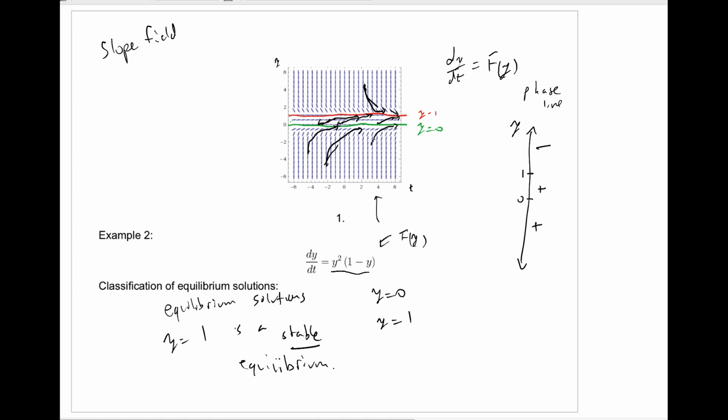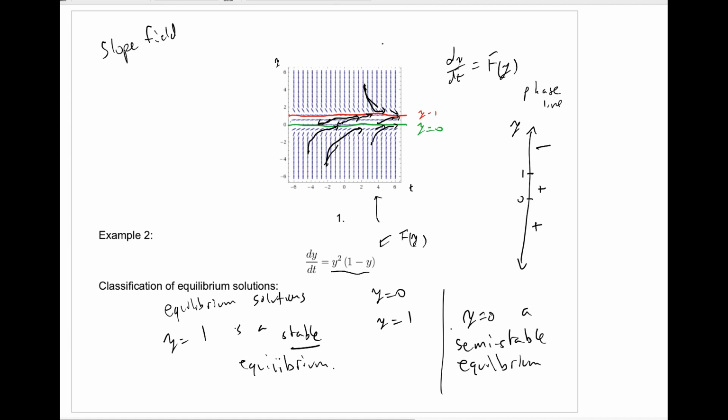But if we deviate a little bit below y equals 0, our solution will move back towards the equilibrium y equals 0. So we call y equals 0 a semi-stable equilibrium.